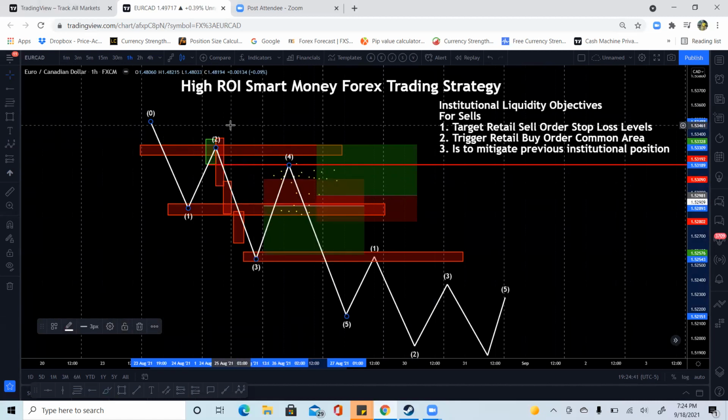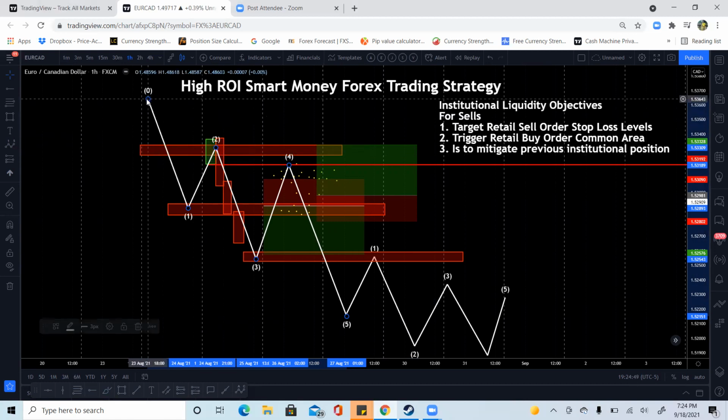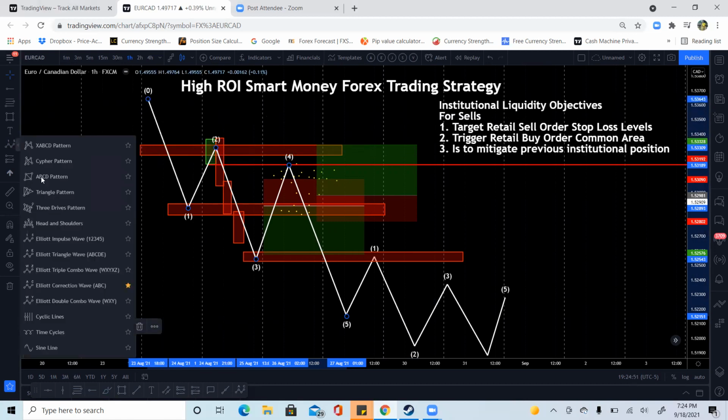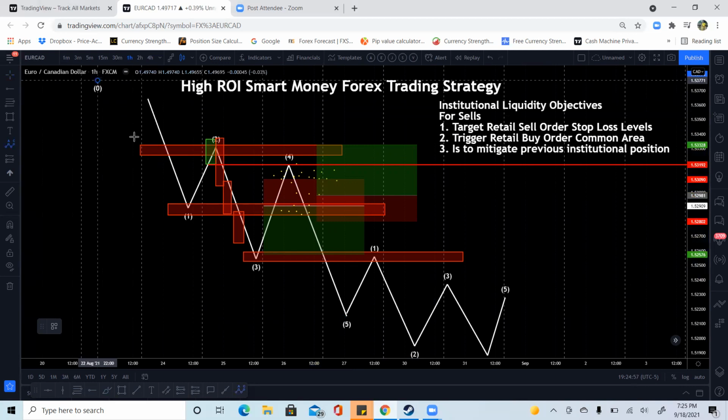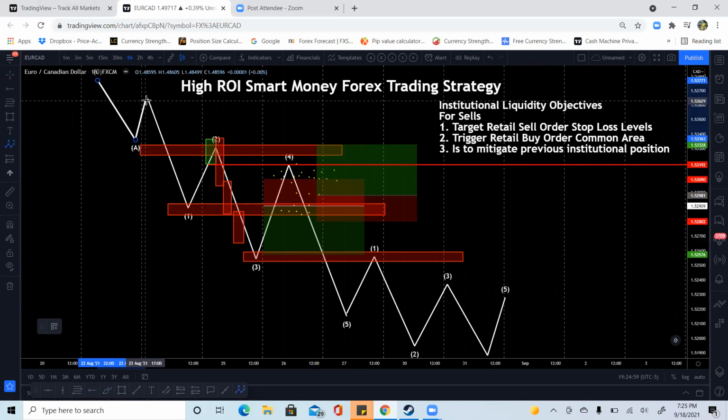This is how you get high ROIs, because a lot of times this candle is not going to be that large. So let's do this real quick so you can have a great understanding of it. Let's say the market did this, right? Market did that.